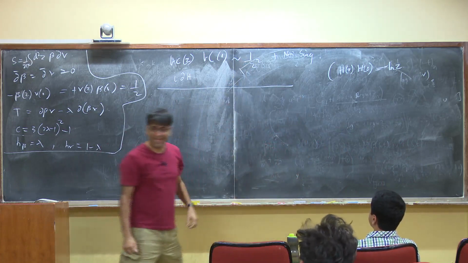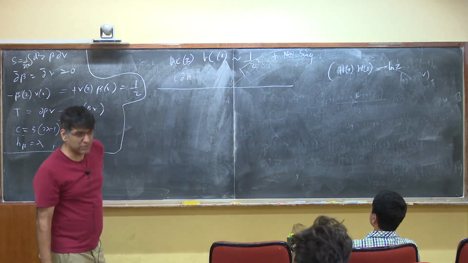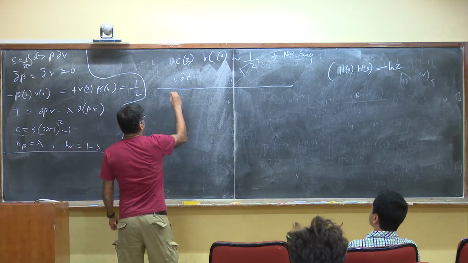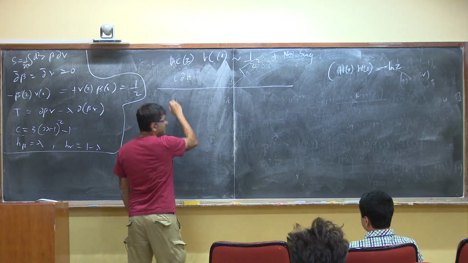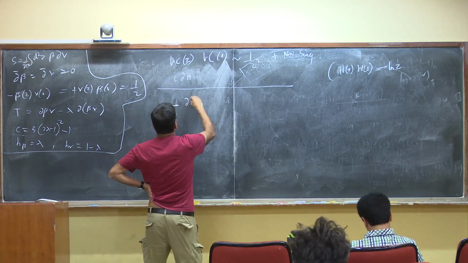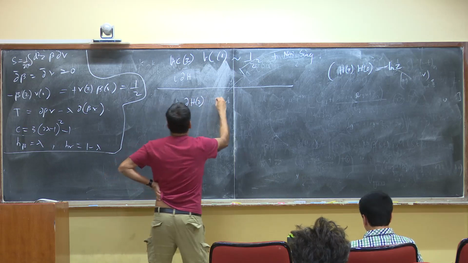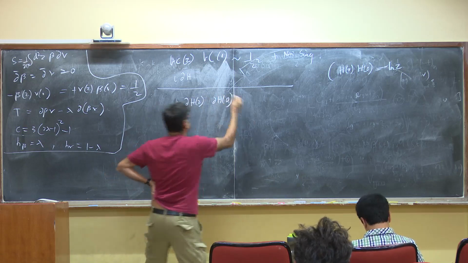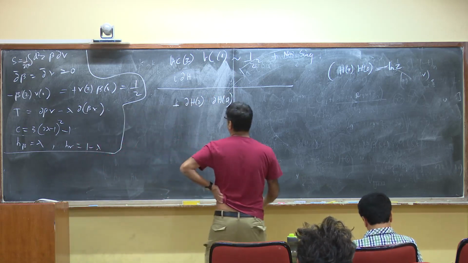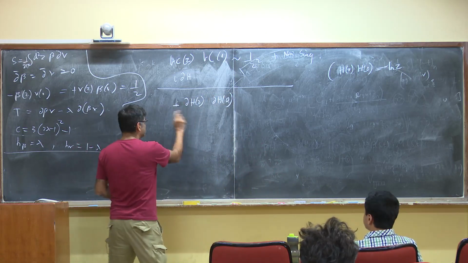Let's now check that we get the same 1 by Z squared from this i del H. So we have i del H, so that's minus. Then we have del of H of Z with del of H of 0, up to a minus sign. Let's check the minus sign.